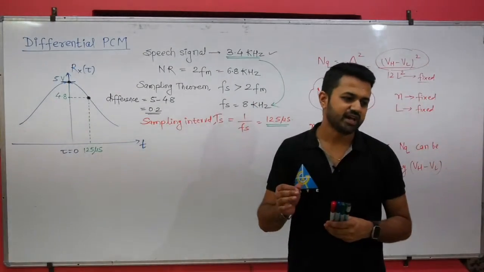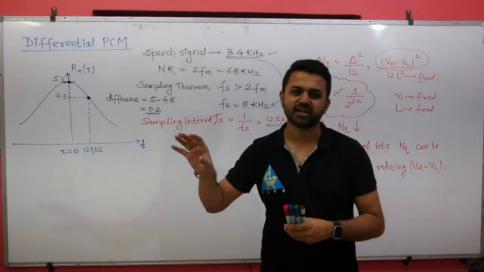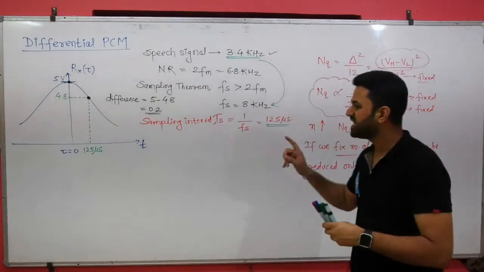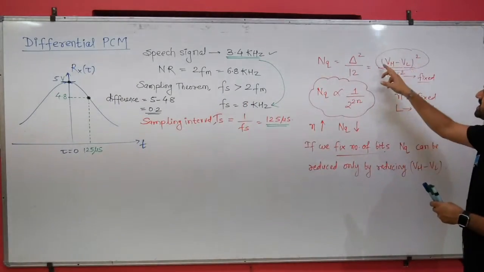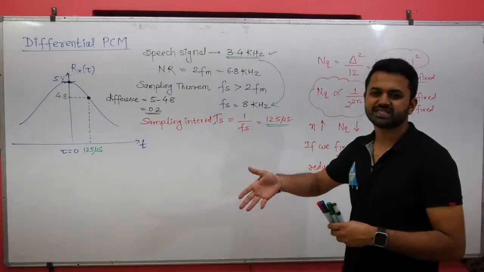So that is why we can use this coding technique to reduce VH minus VL, that is the dynamic range or peak to peak value of the signal.